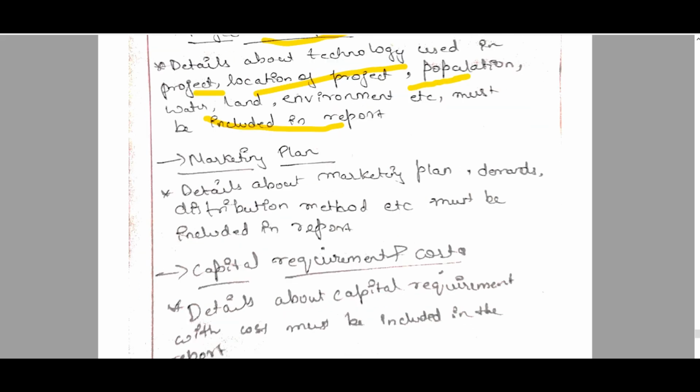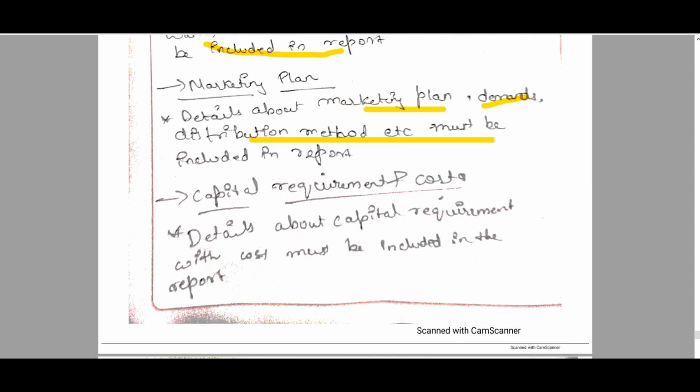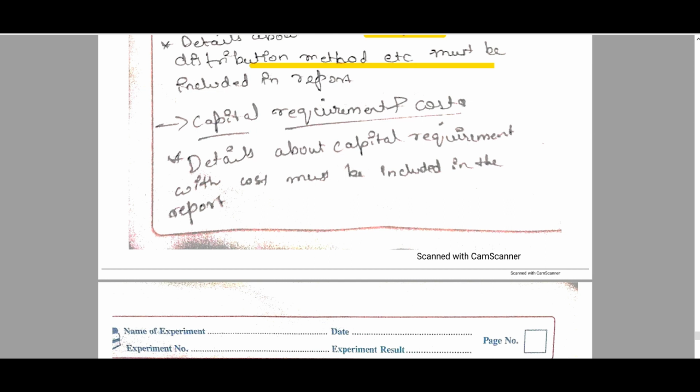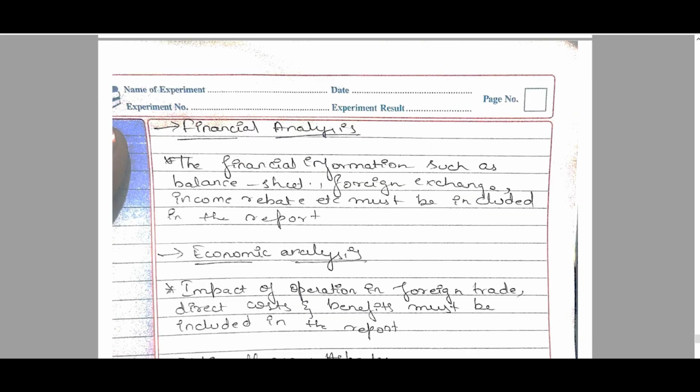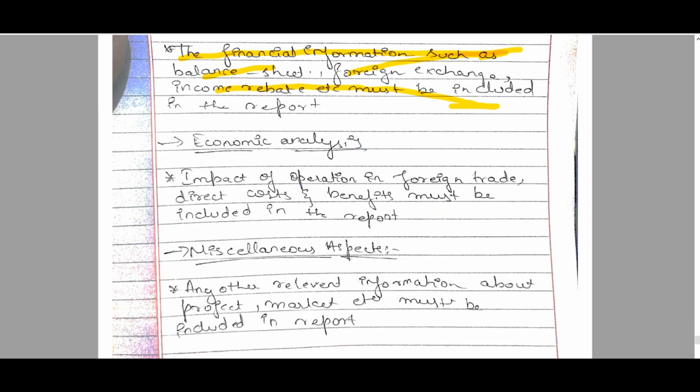Marketing plan: market details about marketing plan, demand, distribution method, etc. must be included in the report. Capital requirement and cost: details about capital requirement with cost must be included in the report. Financial analysis: the financial information such as balance sheet, foreign exchange, income, rebate, etc. must be included in the report.